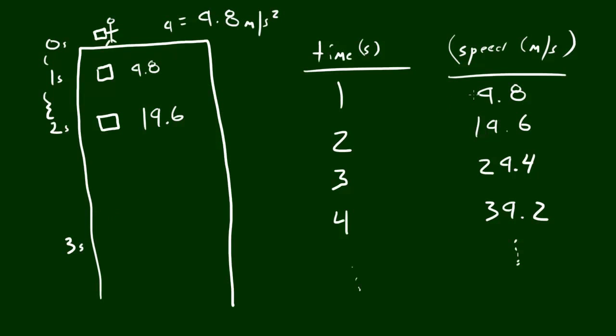So even though the speed, looking at the graph, looks kind of constant, it kind of isn't, and it's kind of deceiving. So I think my can of tuna is changing in size a little bit, but that's alright. So after 3 seconds, this can of tuna would be traveling at a rate of 29.4 meters per second.